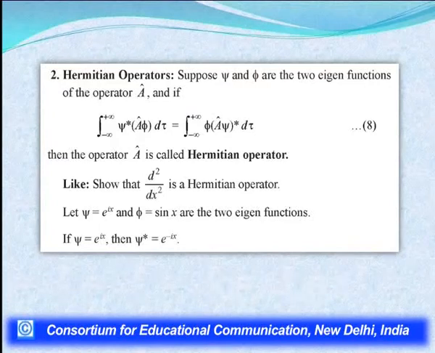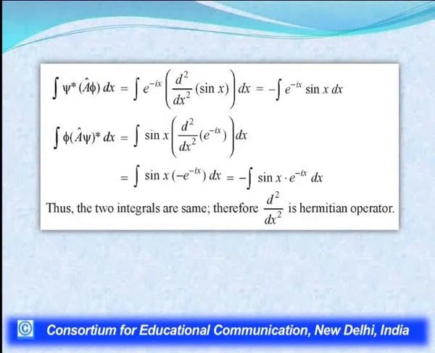This is what I'll do with d square by dx square. Just concentrate on the slide; it is solved there in a simplified manner. I'm taking the left hand side. My left hand side is psi star, this is what I want.